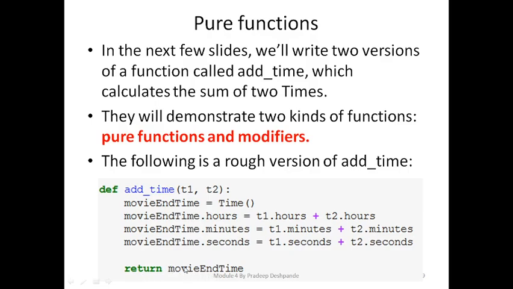You can observe that we have not modified anything within the objects. We just take the values from them and add them with the other object's attributes. So this is how add_time works: it takes two objects, adds the hours, minutes and seconds, and the result is stored in another time object.